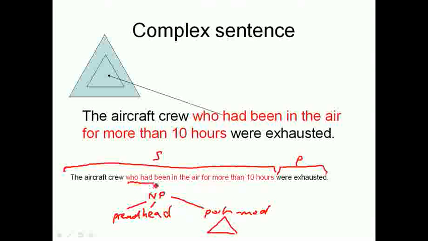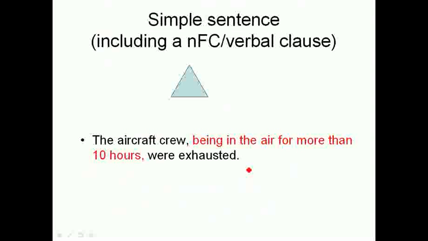And the post-modifier, how is that post-modifier realized? It's realized as a dependent clause. And this is the dependent clause here. And in this dependent clause you have a subject, who, a predicator, had been, and so on. You can analyze that further as well.